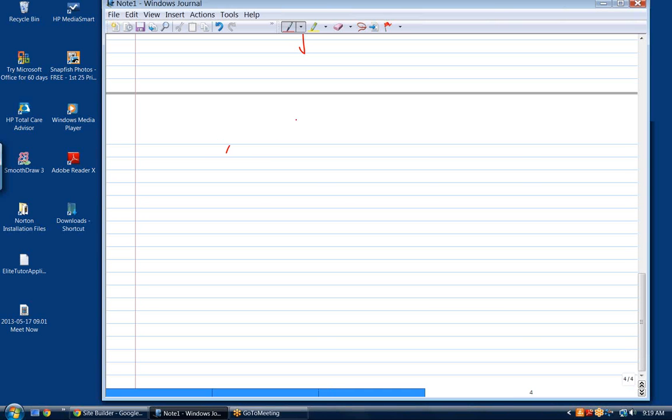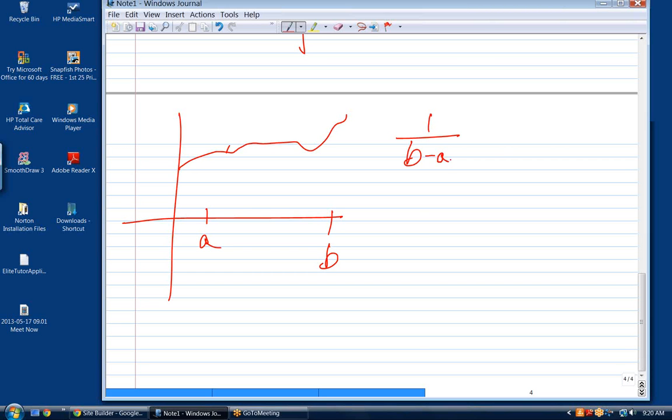Well, there's a formula for average value. We want the average value of that function from A to B. Wouldn't be that easy to figure out from just looking at it. But it turns out being 1 over b minus a times the integral from a to b of that function.